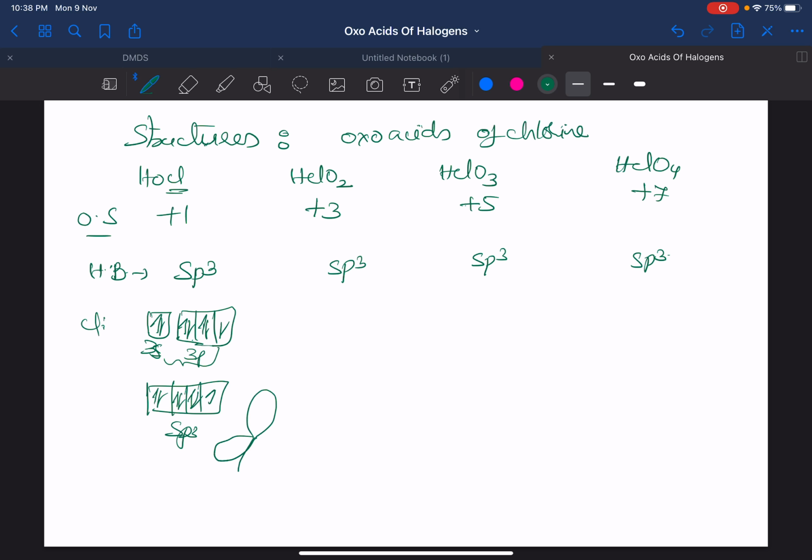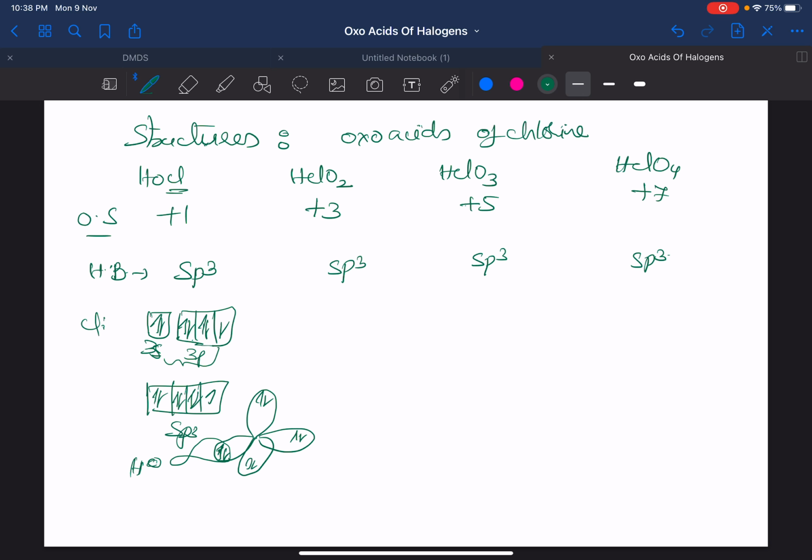There are 4 sp3 hybrid orbitals. 3 of them have lone pairs and 1 has a single electron. This single electron will combine with the electron present in the OH group.